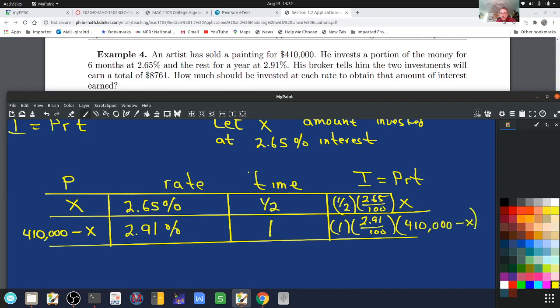minus x. So our interest at rate 1 plus our interest at rate 2 is going to be equal to 8,761.